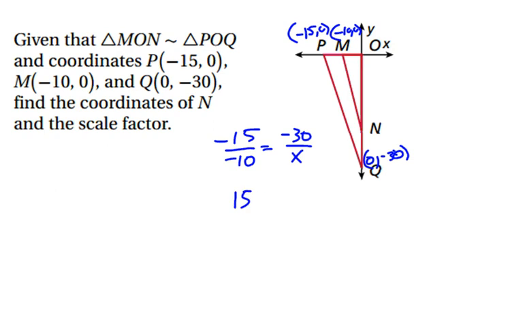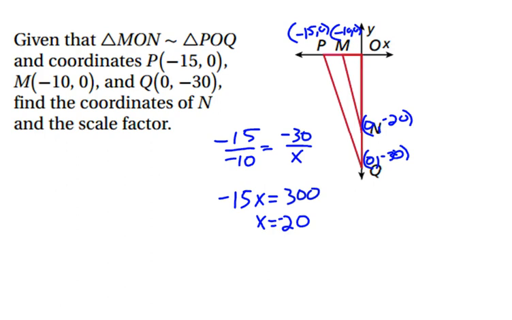So we end up with -15x equals 300. So x has to be equal to 20, x being the length of segment ON. So if that length is 20 units, then, well, we could say that it's -20, which would give us the coordinate. So ON, so we have 0, -20, would give us the other coordinate.